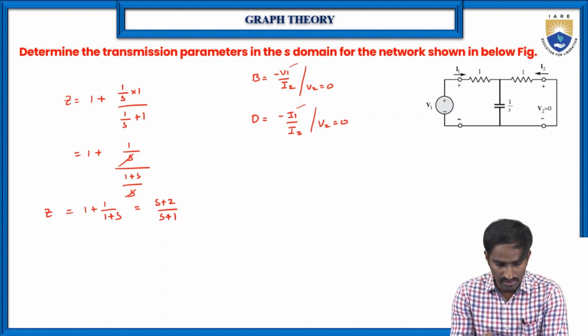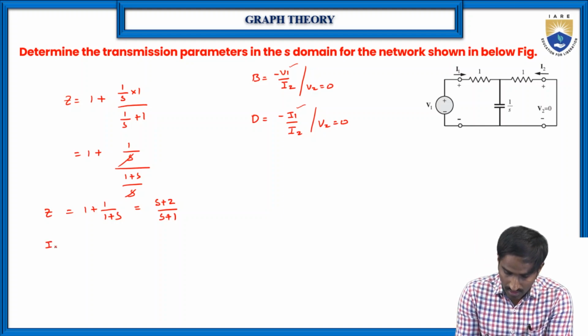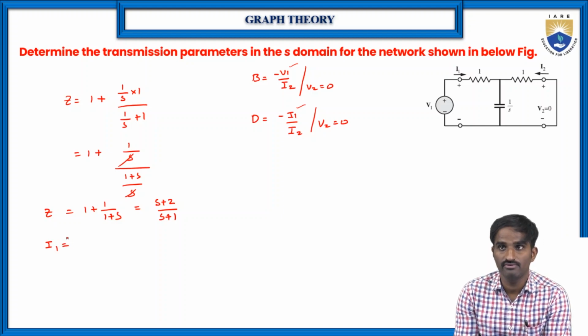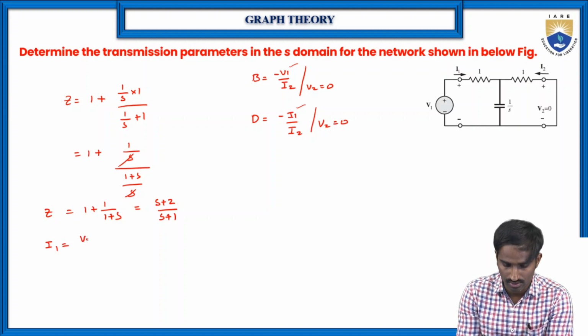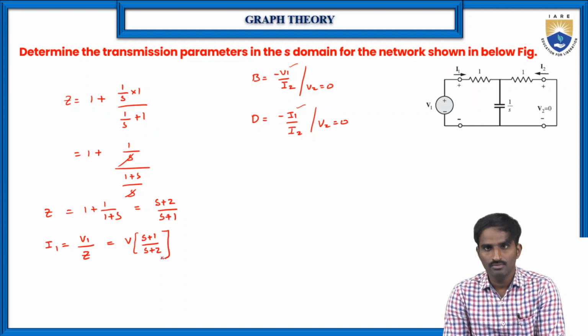right? So then the first current I1 is equal to the total voltage V1 by Z, which is nothing but V1 into 1 by Z, where Z is S plus 2 by S plus 1, so it will be S plus 1 by S plus 2, right?